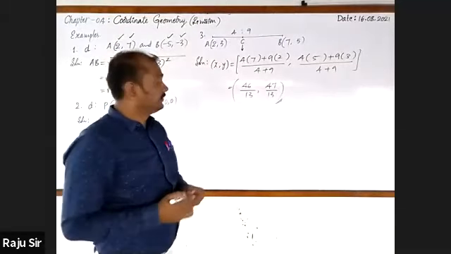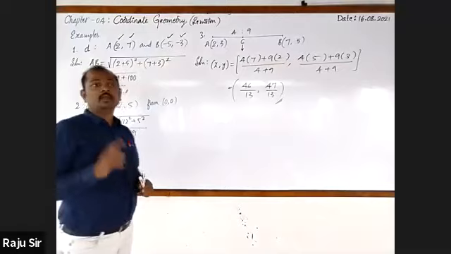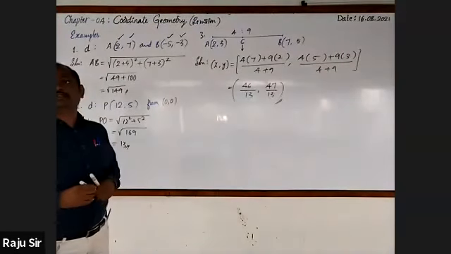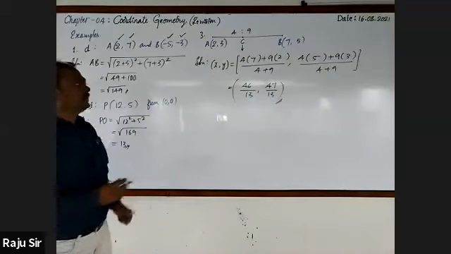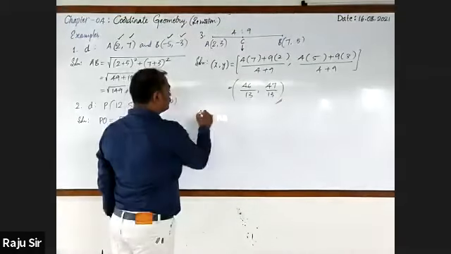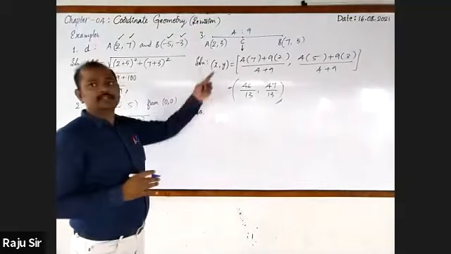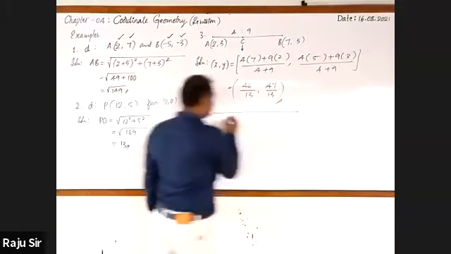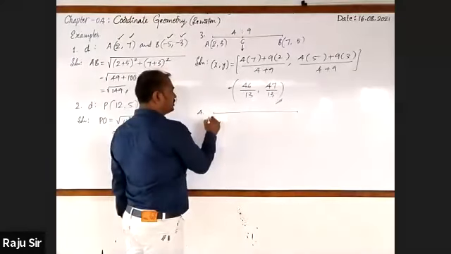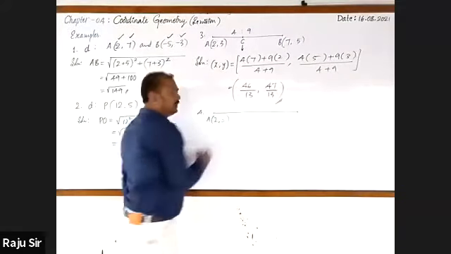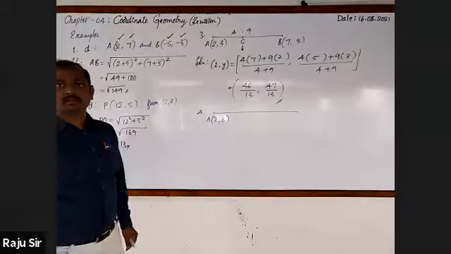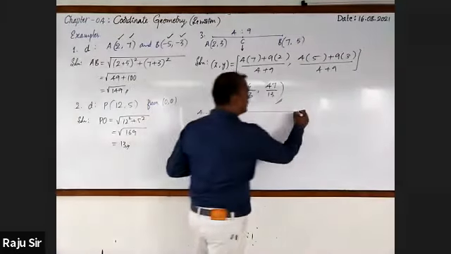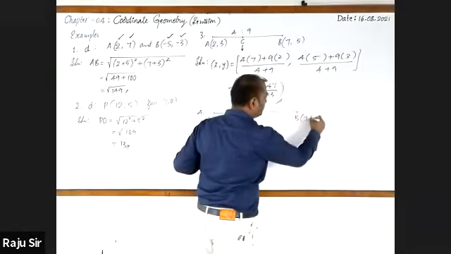Okay. Next one. We will find out the ratio. And to make you feel very comfortable, I go for using the same numbers. This is the line which joins the 2 points. One is A of (2, 3), and another point B of (7, 5).